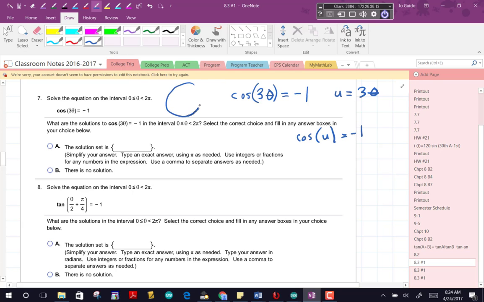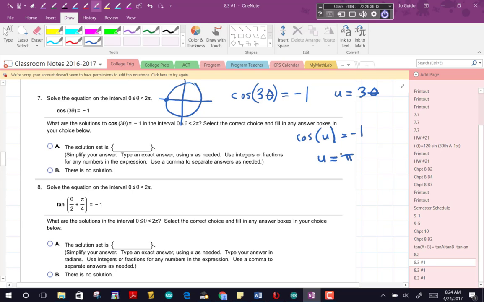On our unit circle, cosine is which coordinate? The x, and so x is going to be equal to -1 over here, which is what? Pi, right? So u is going to be equal to pi.